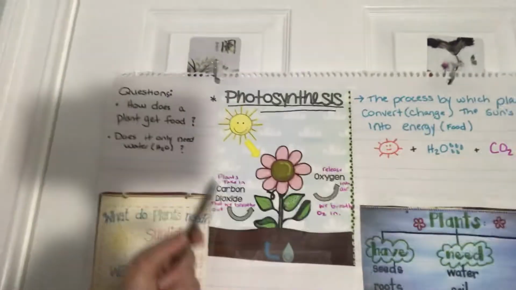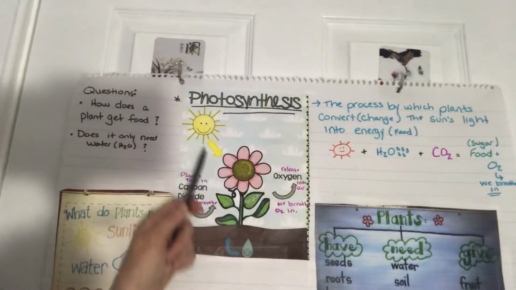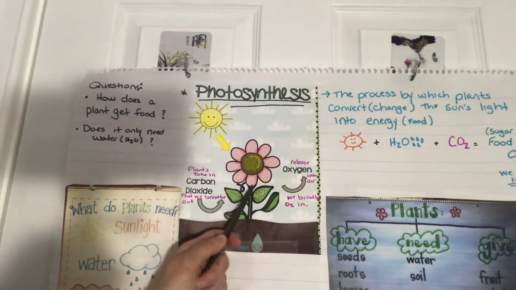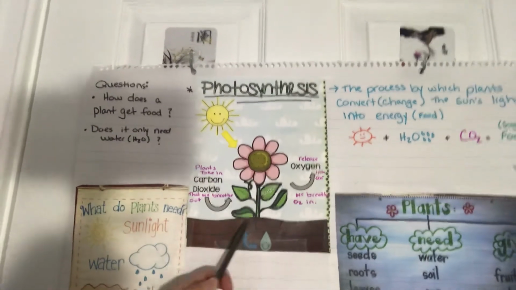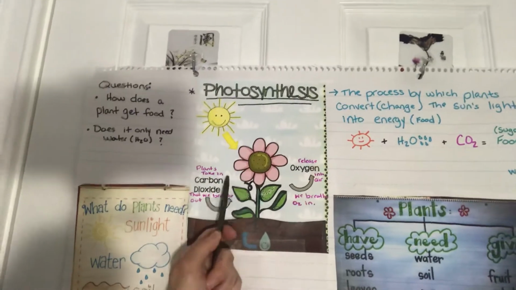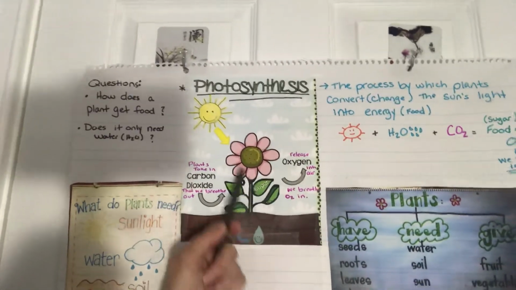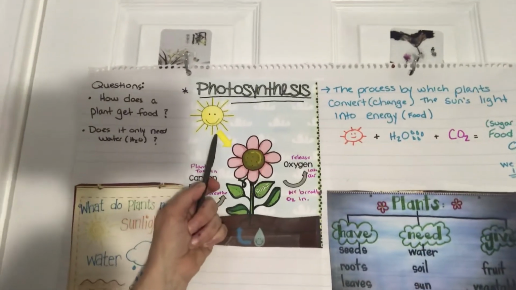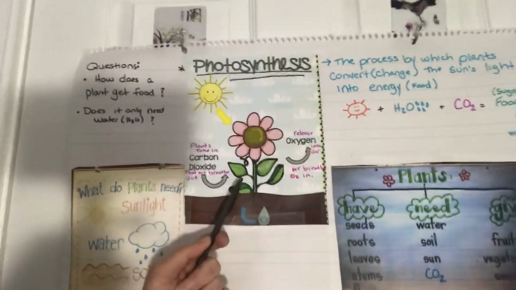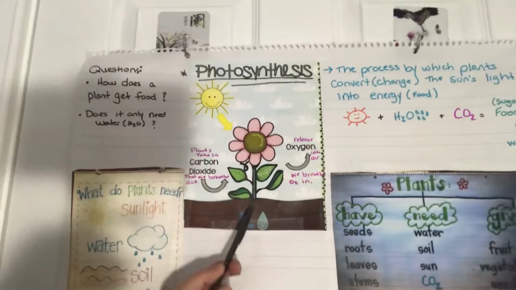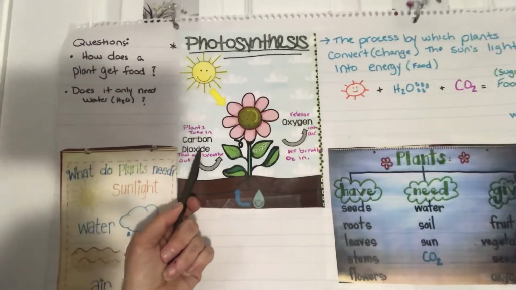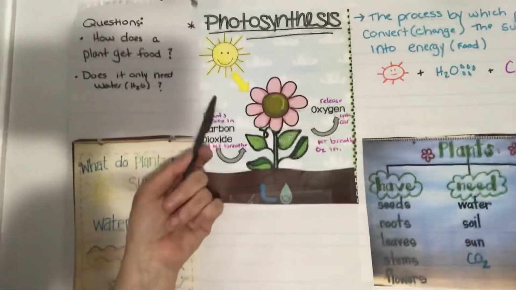But how do they do this? Well, everything is involved. Let's look over here. The sun goes into the flower, into the plant. It gets absorbed by the leaves and the petals, everything. But in the leaves, the sunlight's energy mixes with the water from the dirt, from the rain that fell. The sun plus the water plus a gas called carbon dioxide that's in the air.